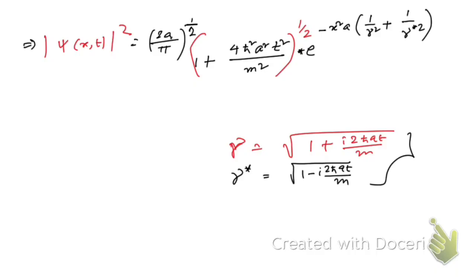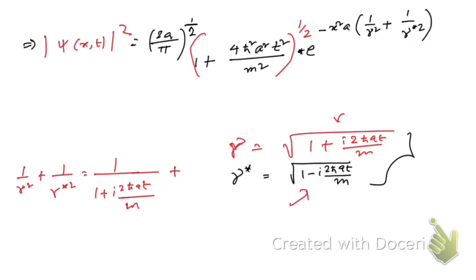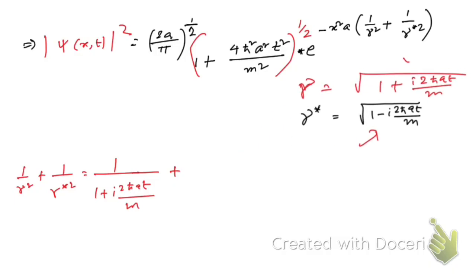So 1 by gamma square plus 1 by gamma star square, so that's gonna be 1 by the square of this, which is 1 plus i 2 a square a t by m, and then plus, and square of this is gonna be equal to 1 by 1 plus, sorry, instead of plus here we have minus i 2 a square a t by m. That's what we're gonna have, right?